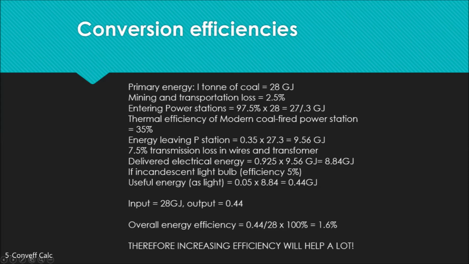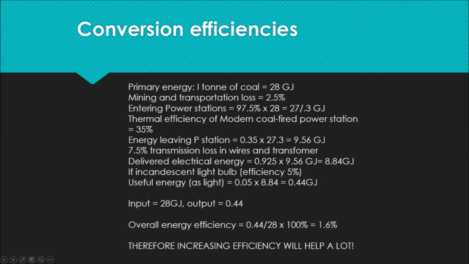So this is an example of how we can calculate the energy loss and the efficiency of electrical energy that is transferred to a building. We start off with 1 ton of coal, that is about 28 gigajoules. And in mining and transportation, you lose about 2.5% of it. So what is left is about 97.5%, leaving for the power stations.